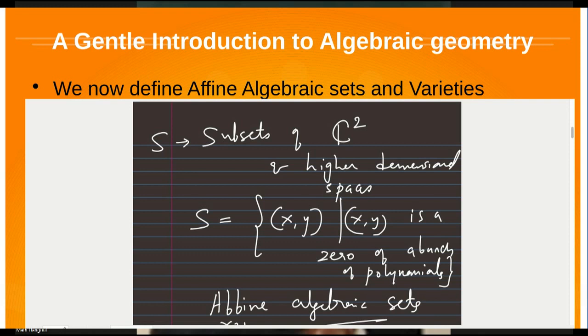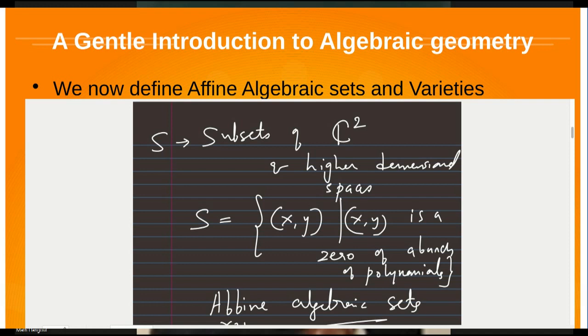So one looks at points in C^2, or more generally C^n. One looks at lines in C^2. One looks at curves in C^2 and tries to see if they can be understood via a bunch of polynomials.